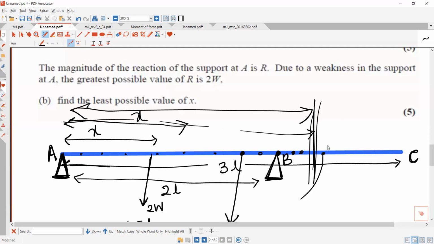Remember yesterday we learned turning point. There is going to be a turning point at point B. If there is a turning point at point B, what is the reaction force at A? 0.